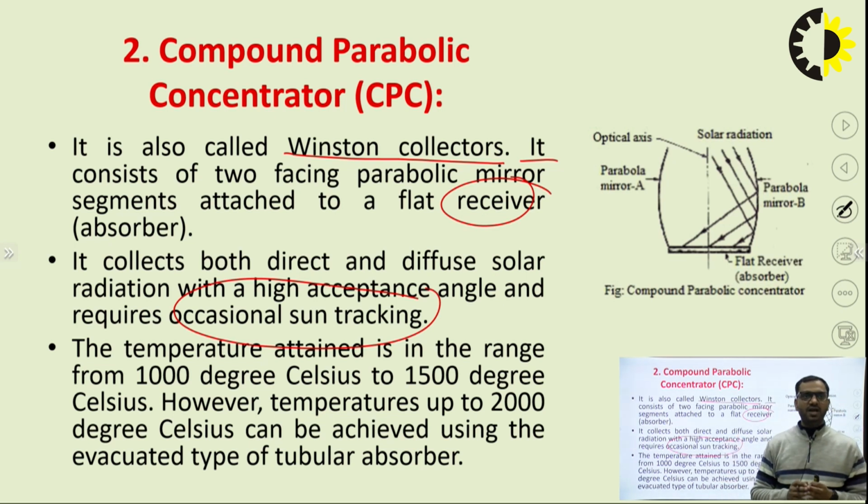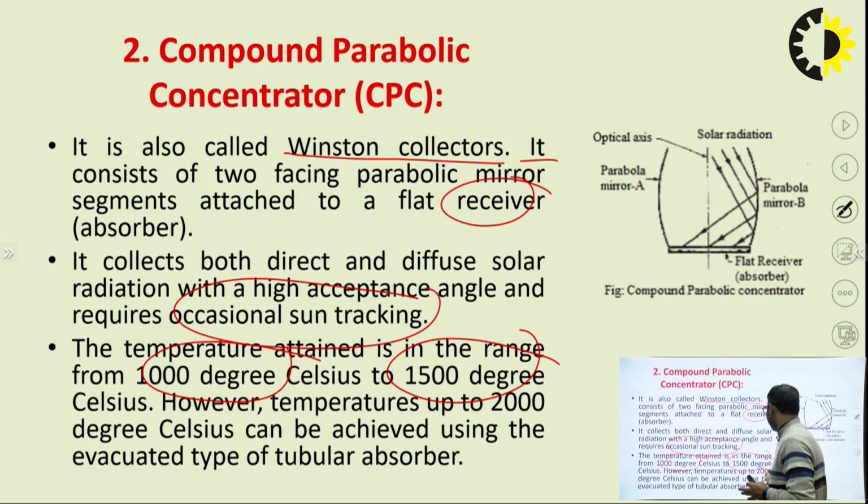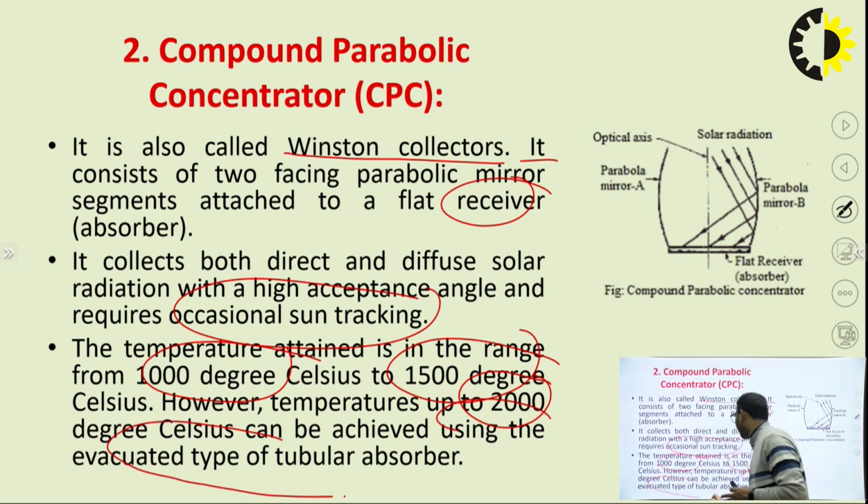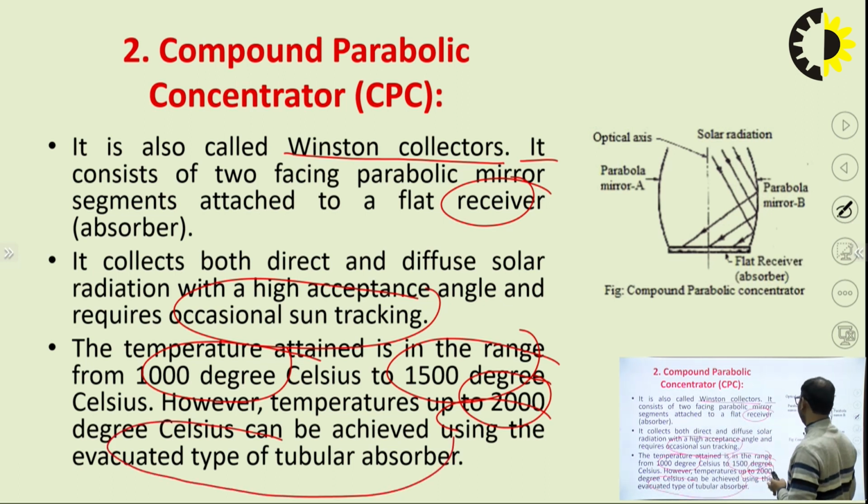The temperature attained is in the range of 1000 to 1500 degrees Celsius, and temperatures up to 2000 degrees Celsius can be achieved using an evacuated type of tubular absorber. This is the schematic representation of the compound parabolic concentrator.